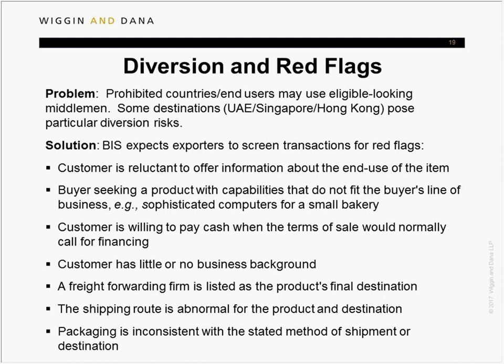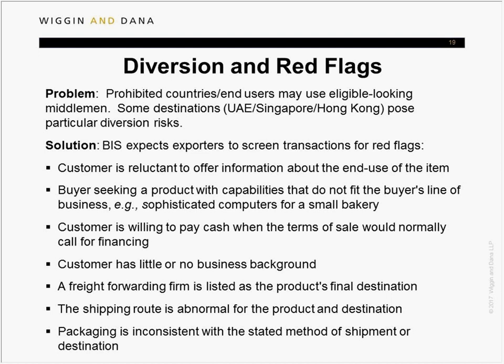And so BIS does expect responsible exporters to keep an eye out for red flags that might indicate the presence of one of these diversion risks. They publish a list on the BIS website of the kinds of red flags that can come up in a transaction, and these are some of the biggest ones.